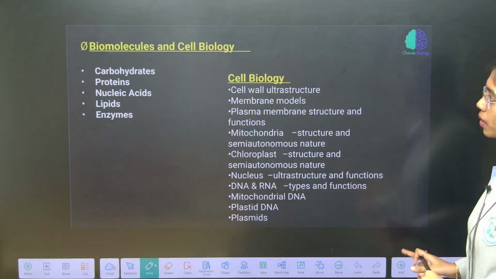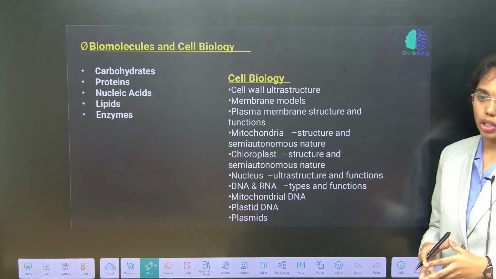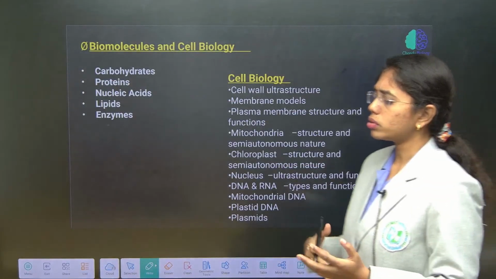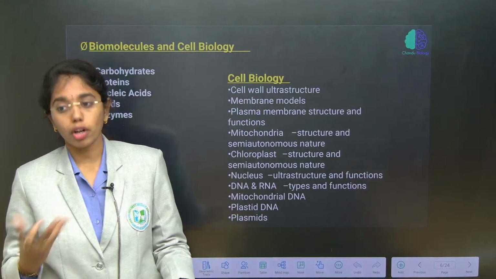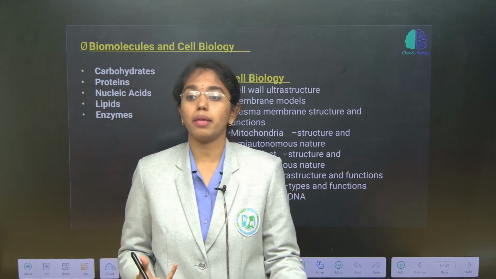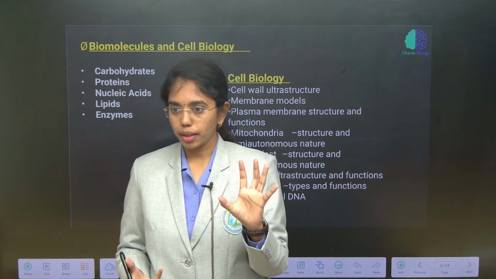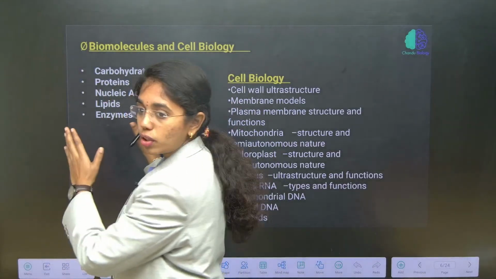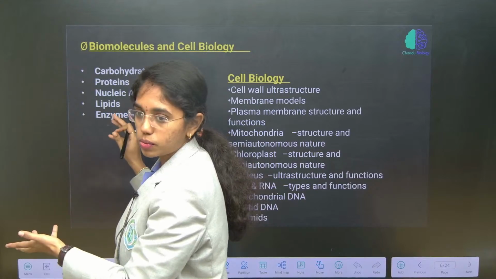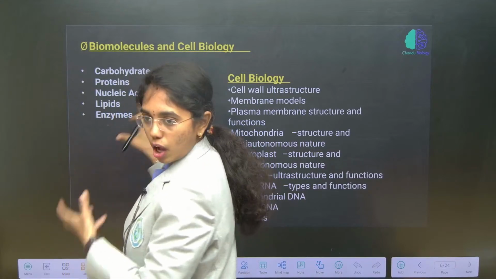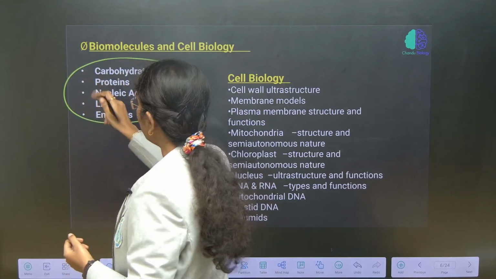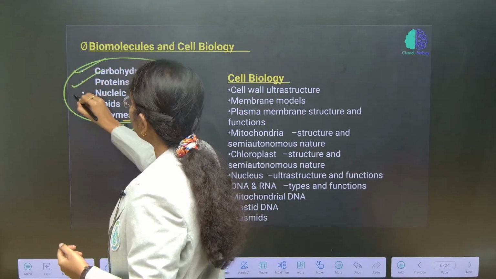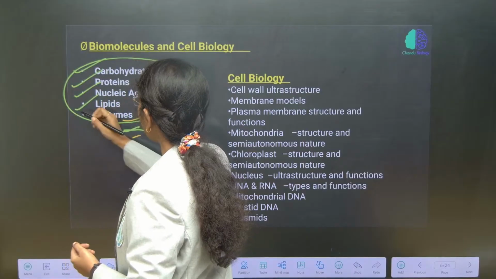Next, biomolecules and cell biology. Biomolecules, we will go through many different topics like highlighting biomicromolecules, biomacromolecules, primary and secondary metabolites, their biosynthetic pathways. But when you analyze CUET papers, the mostly highlighted concept from biomolecules is biomacromolecules, where you have to learn carbohydrates, proteins, nucleic acids, lipids and enzymes.